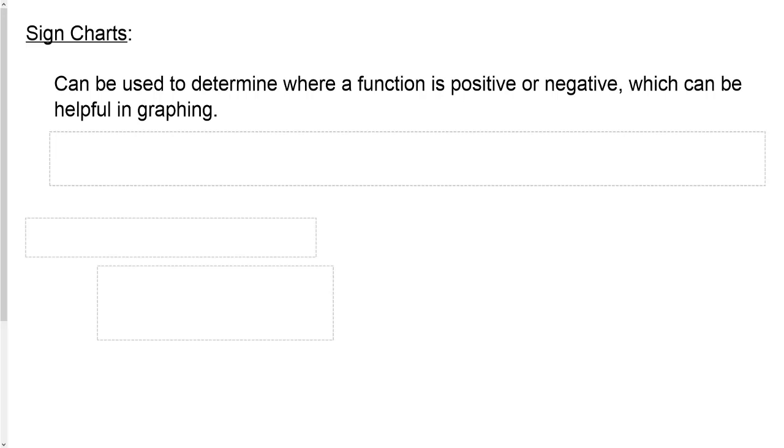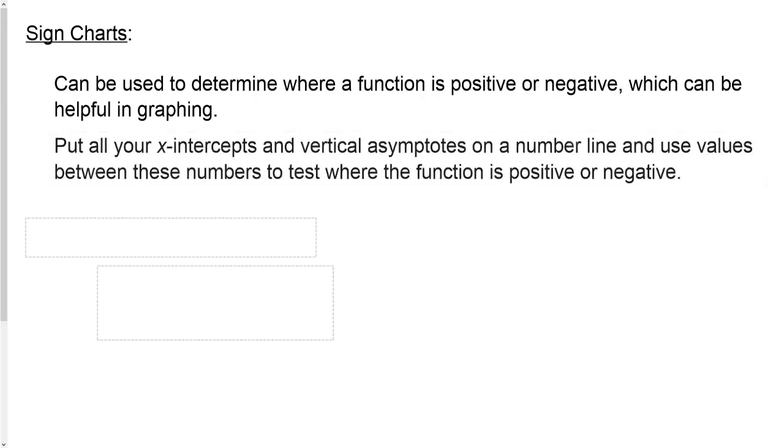Generally, you can derive all the information off of a sign chart from other means, but it is a very easy way of coming up with what you're generally looking for. So what you do is put all of your x-intercepts and vertical asymptotes on a number line and use values between these numbers to test where the function is positive or negative.